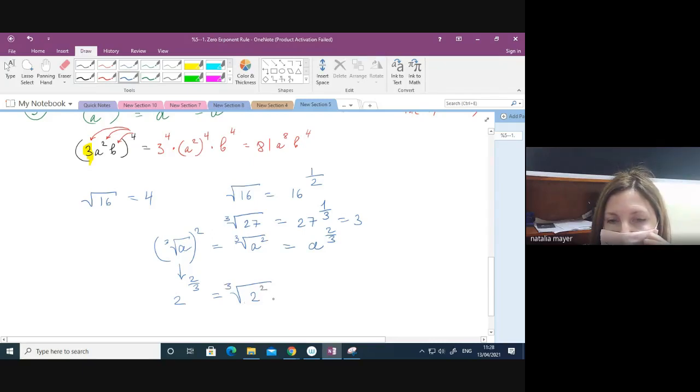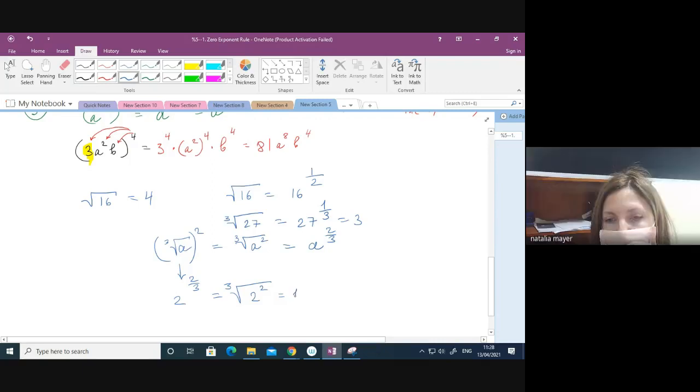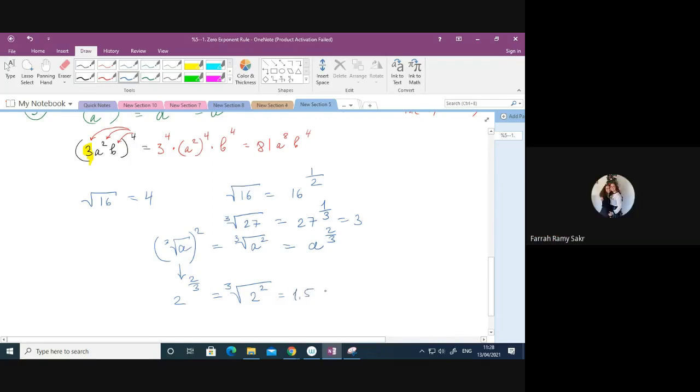So I want you to put this expression on the calculator. What will be the result? I got 1.58.